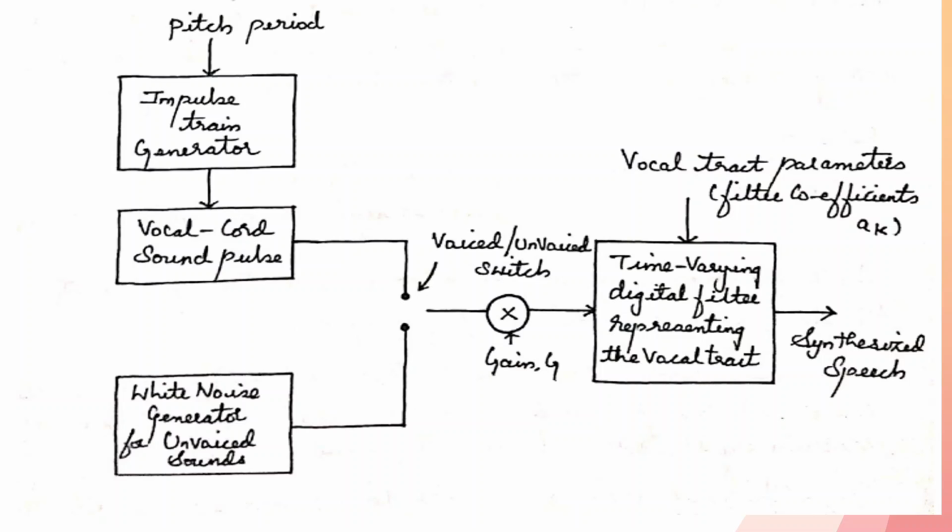Initially, the speech signal is observed and it should be classified either as voiced or unvoiced. When it is voiced, the corresponding pitch frequency has to be determined. The filter coefficients and the gain G are determined.